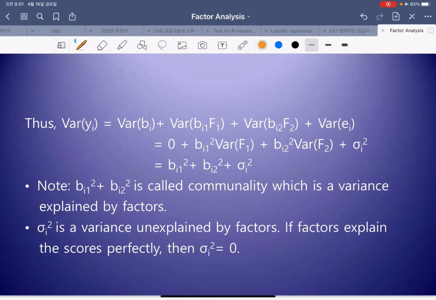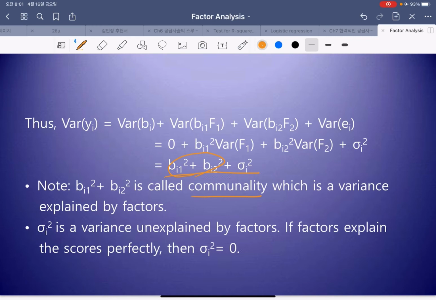So the variance of each variable turns out to be this, right? And in this case, this one is called communality, right? And basically, the communality is the variance explained by factors, right?